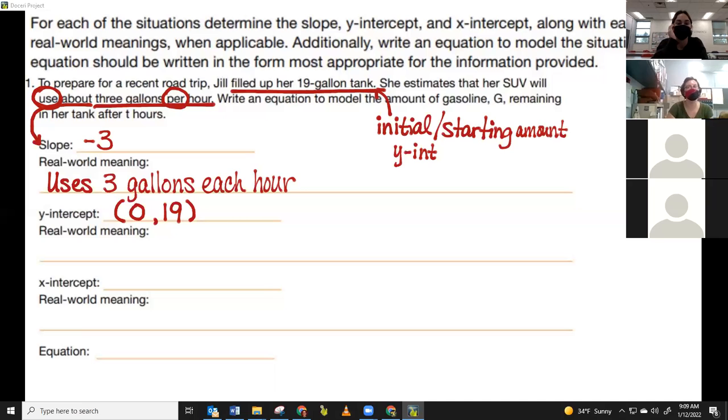What does the 19 mean in context? We've kind of talked about it, but now I actually want to write it down. Yes. She started her trip with 19 gallons of gas.